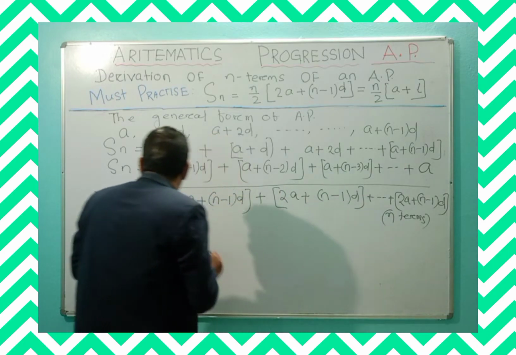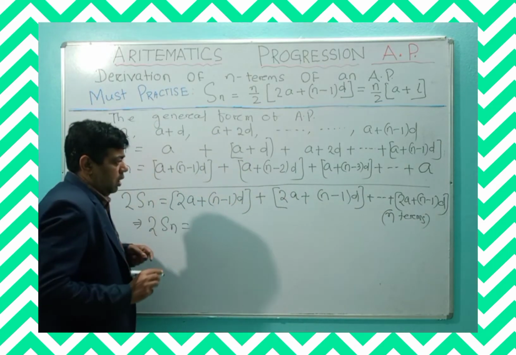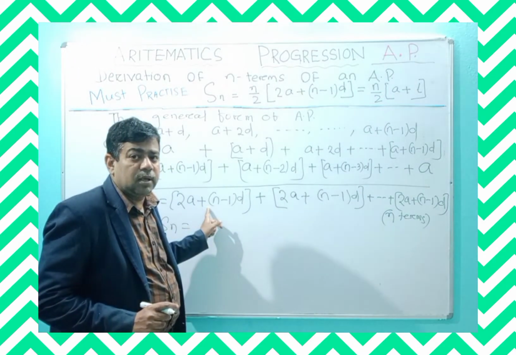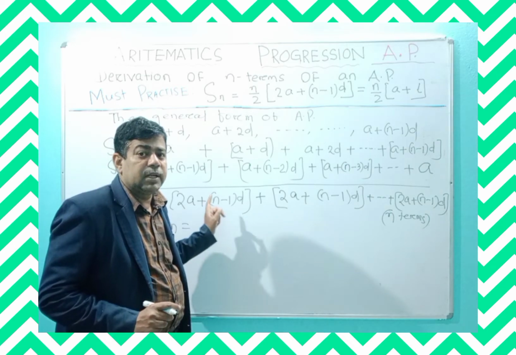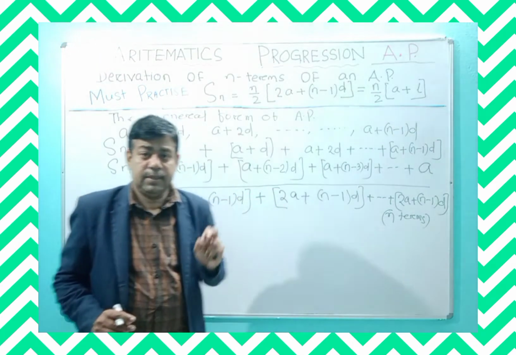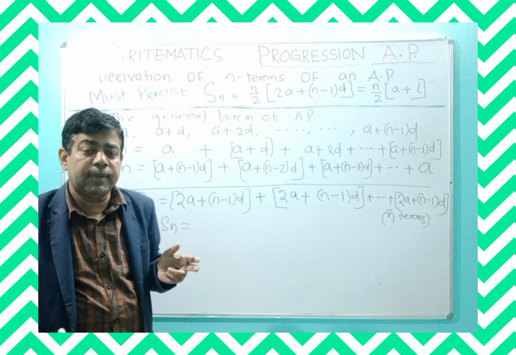Now, let us write 2Sn. Students, all of you know that we are adding the repetition of the same expression a repeated number of times. 2a plus n minus 1 d undergoes addition n times. Instead of addition, we can express it by multiplication.